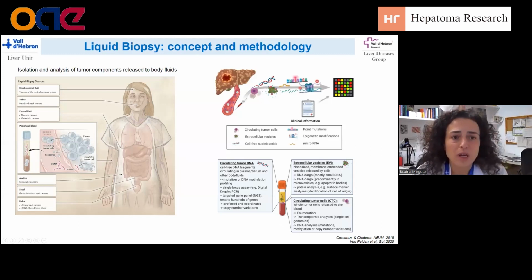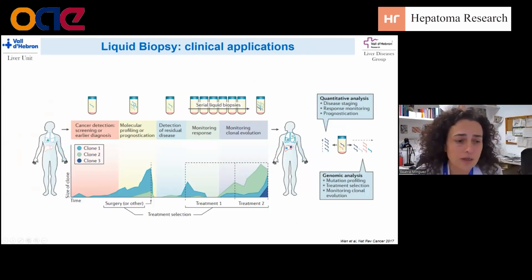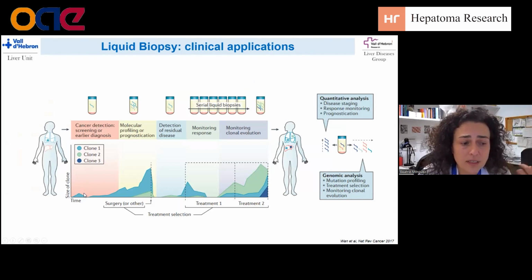Where can liquid biopsy help us? This is the course of an imaginary cancer, whatever it is, and it can help from the very beginning, trying to detect cancer in an early stage by detecting these products in the blood. Also, once the patient is cured or operated or ablated or whatever, it can help us to identify those patients that are at more risk of recurrence.